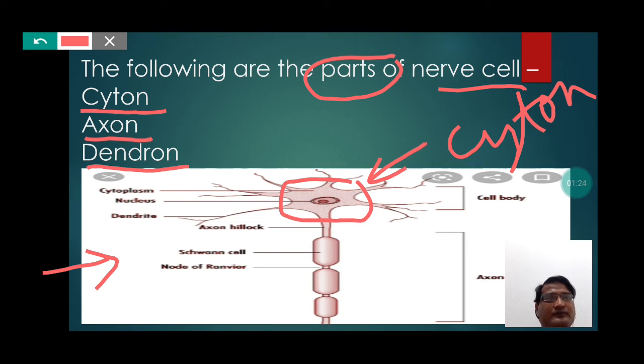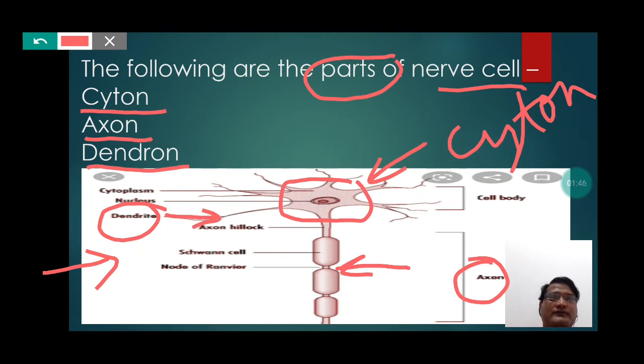The axon, which is this, you can see students here. And dendron, which is marked as a thin thread like structure.